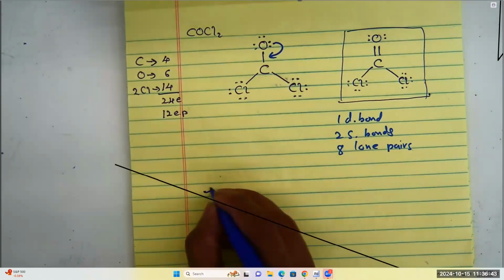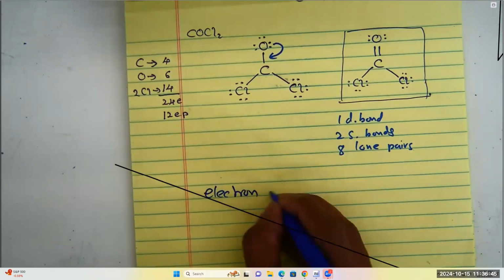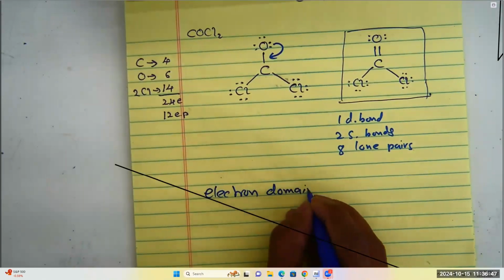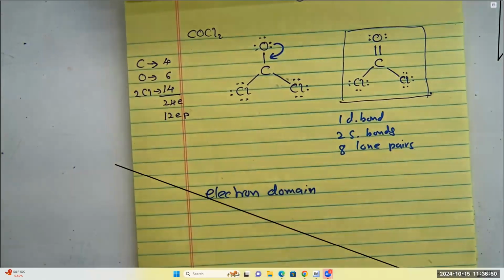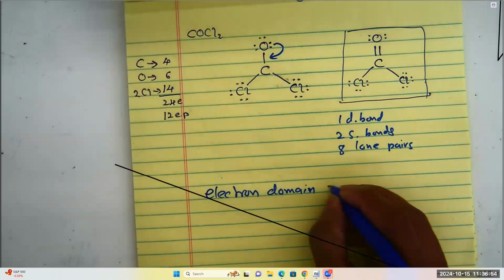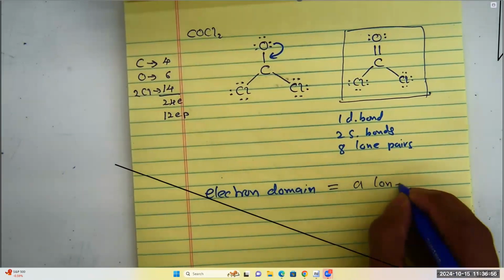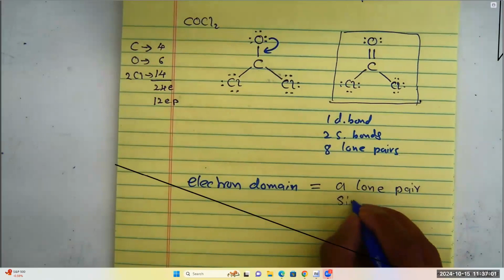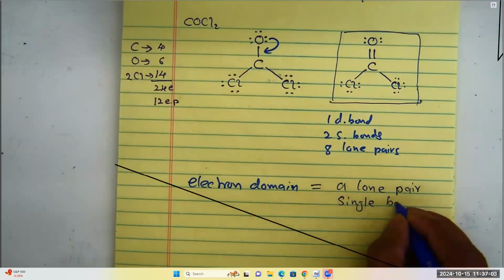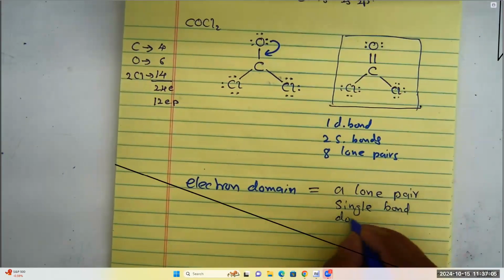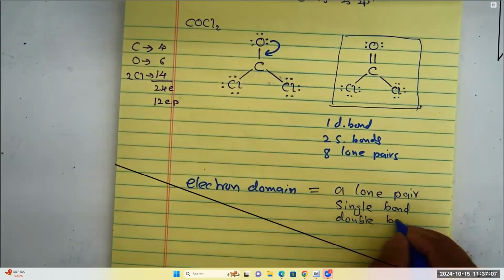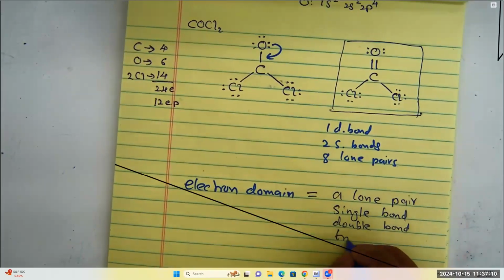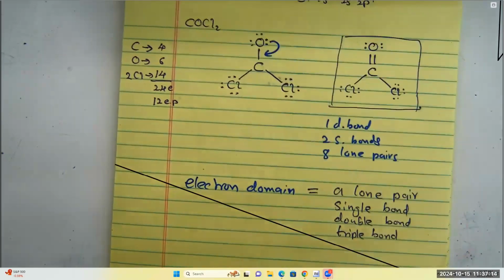So an electron domain can be a lone pair. Okay. A single bond, a double bond, or a triple bond, or even a quadruple bond. So there are quadruple bonds also.